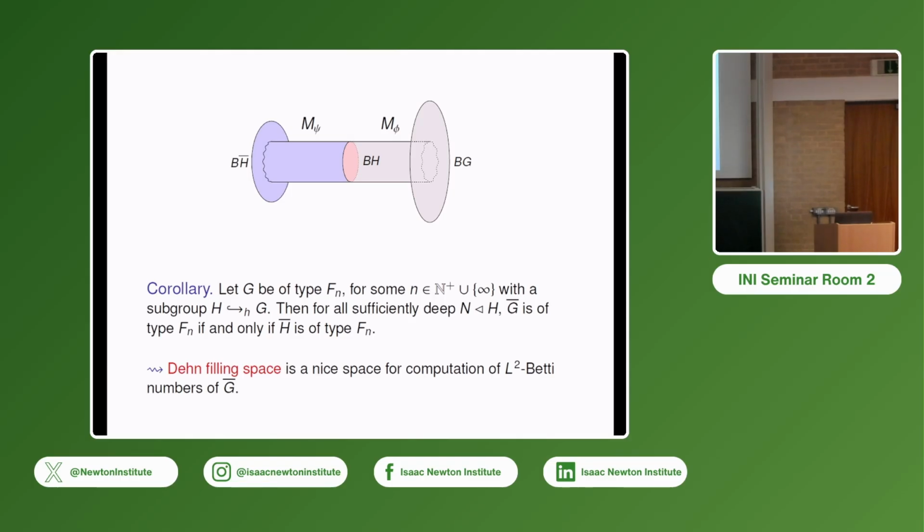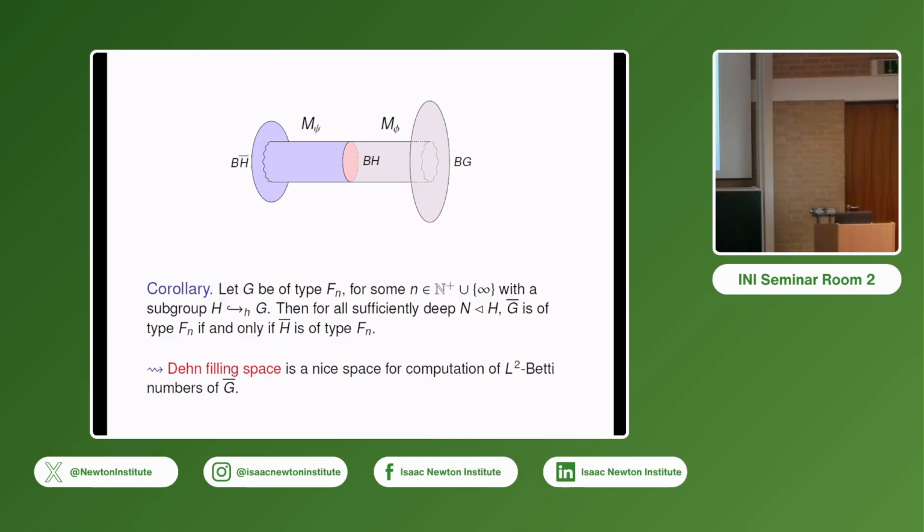And you can just see that from looking at this picture. I think the interesting case is going from right to left. So assuming that H bar is of type Fn, what does that mean? That means that this part here has finite n-skeleton. And we assume that G has finite n-skeleton, so this part too.